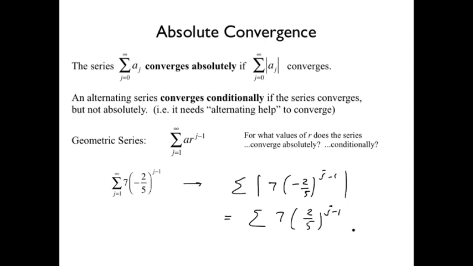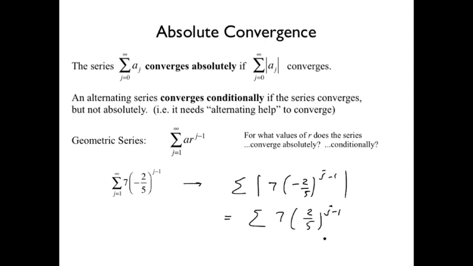Converges, right? It still converges even when you take all the terms positive. Therefore, this one converges absolutely. It doesn't need that alternating effect, the fact that every other term is negative, because when all the terms are positive, it converges.